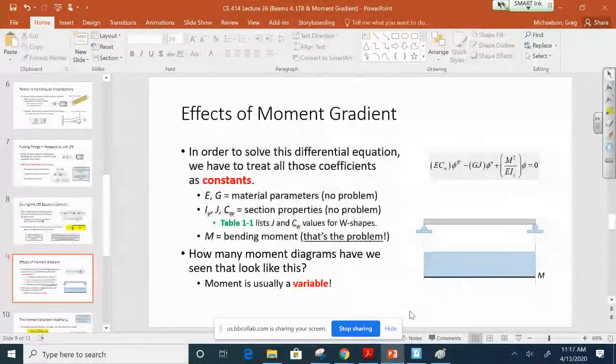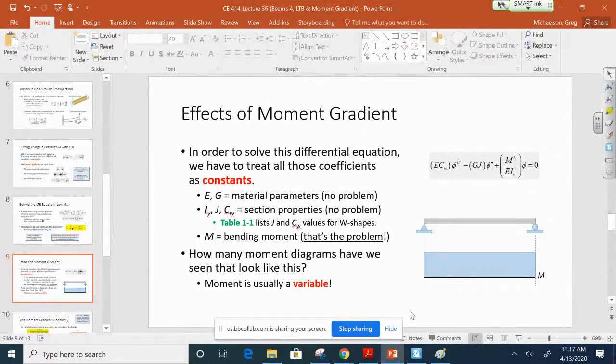Yes, I brought my manual with me. If you look at the very end of the table, past the x-axis and y-axis values, the J and C_w values for every one of our shapes are listed as well. You can look those up. Those are constants, and we can factor those out as well.